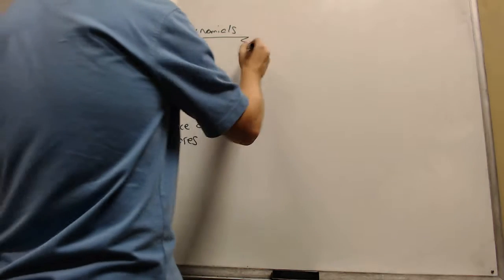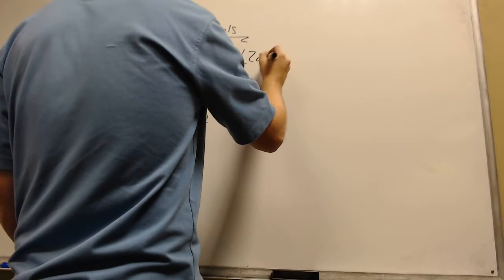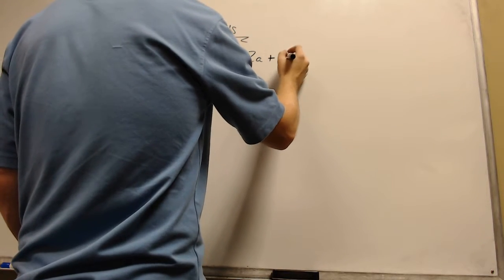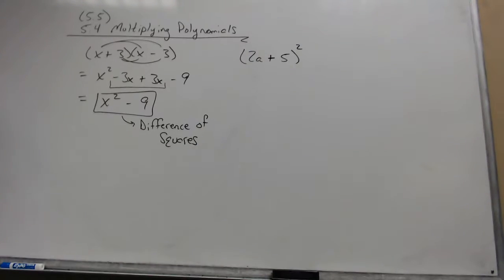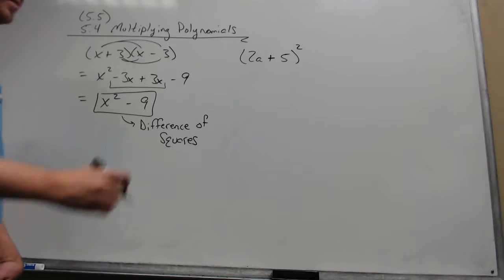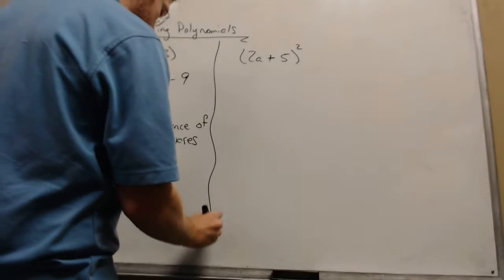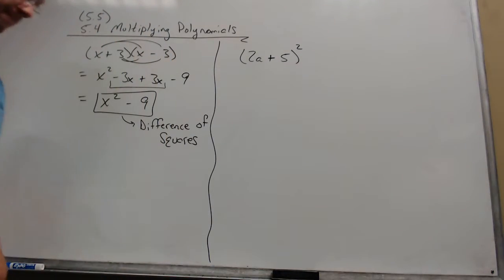Another special type of multiplication would be if I had a situation where I took a binomial to a power. This one is very common to make a mistake on because people just get a little efficiency happy, and they're like, oh, this is easy.